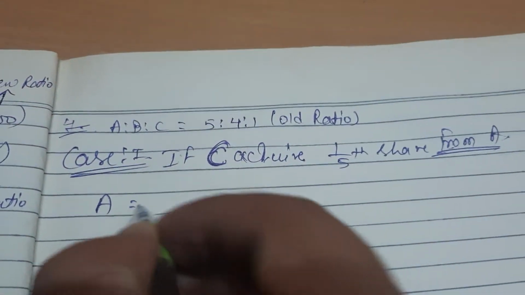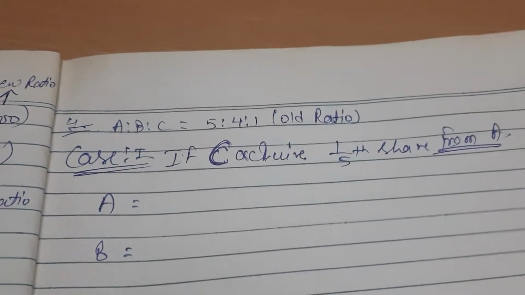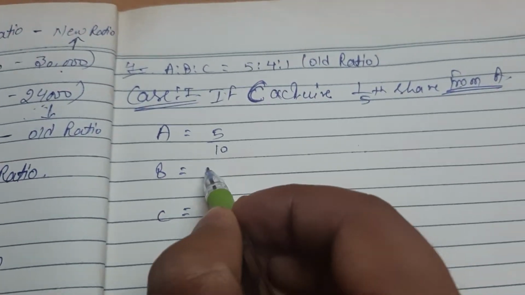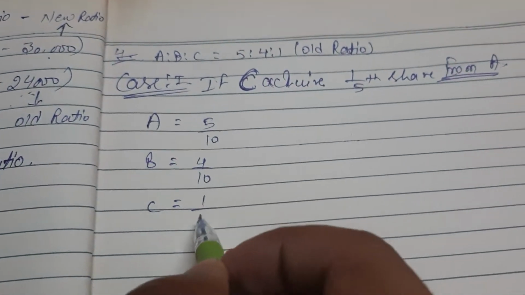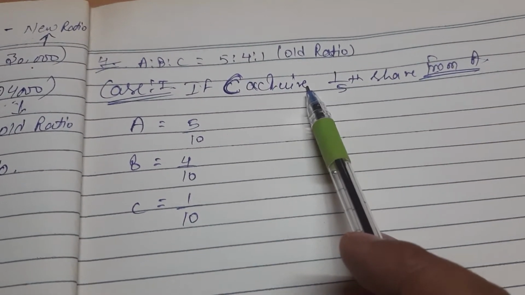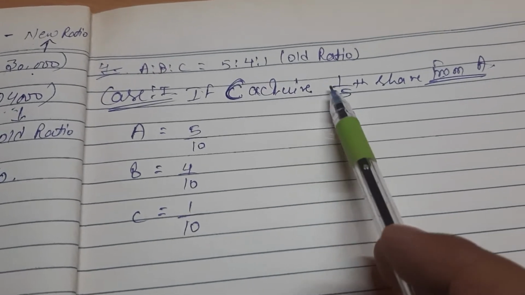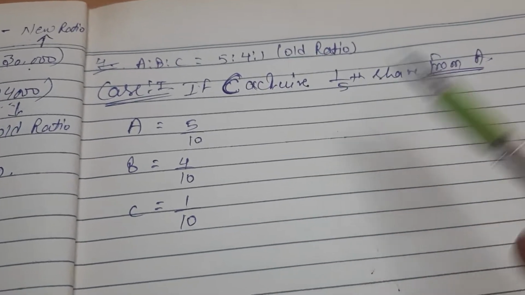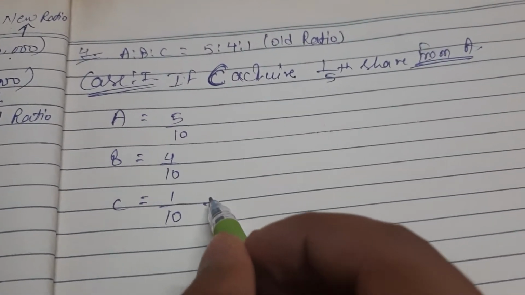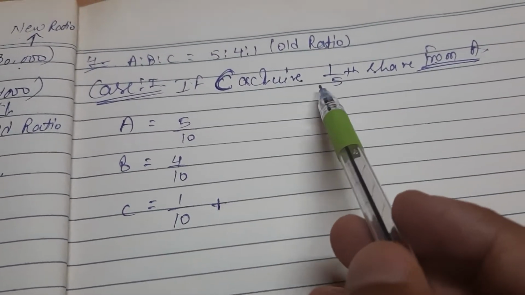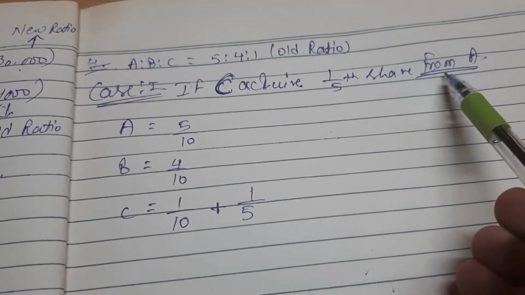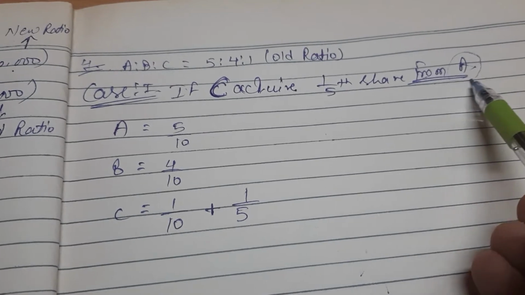So write the share of A, B and C. Share of A is 5/10, B is 4/10 and C is 1/10. The question says that C is acquiring, means C is taking 1/5 share. So if C is taking, it means the share of C will increase, that's why we will add. How much will the share increase? 1/5 share. And from whom is he taking this share? He is taking it from A.